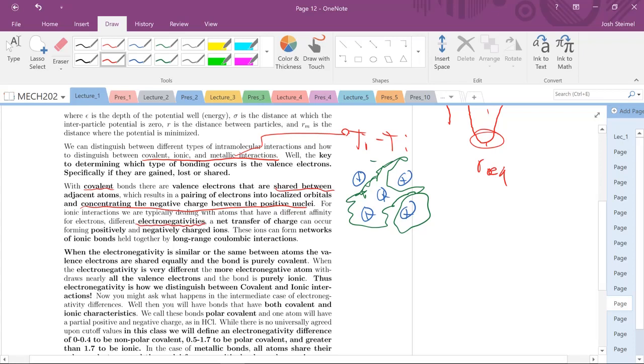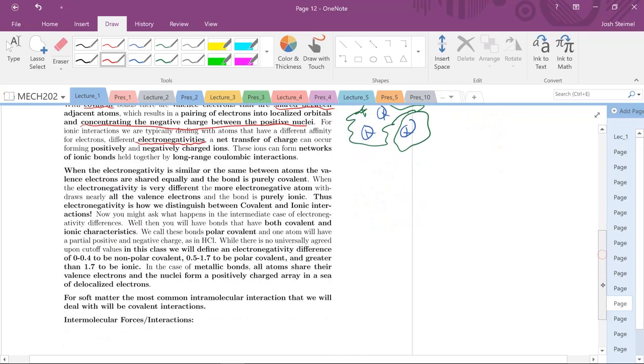You can find that on charts online, or look at the periodic table and estimate it. This is what we're going to look at to distinguish between covalent and ionic. In ionic interactions, we're grabbing all the electrons, grabbing everything away from each other. If one atom grabs all the electrons and one gives them away almost entirely, that's almost a purely ionic interaction.